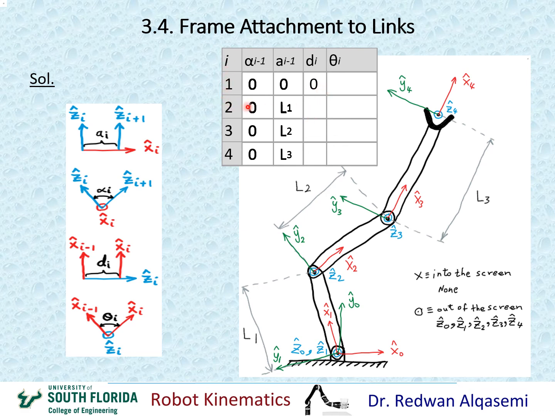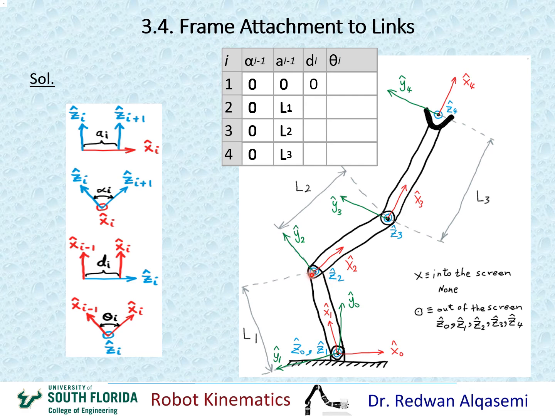Now when i equals 2, I'll be looking at Di, which is D2. So from this chart, if I'm going to find D2, I have to look at X1 and X2 along Z2. Okay? X1 is right here, and X2 is right here. And I'm going to be looking at the distance between them along Z2, which is coming out of the screen right here.